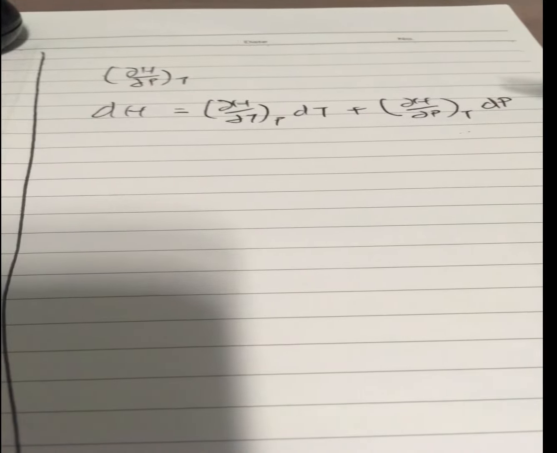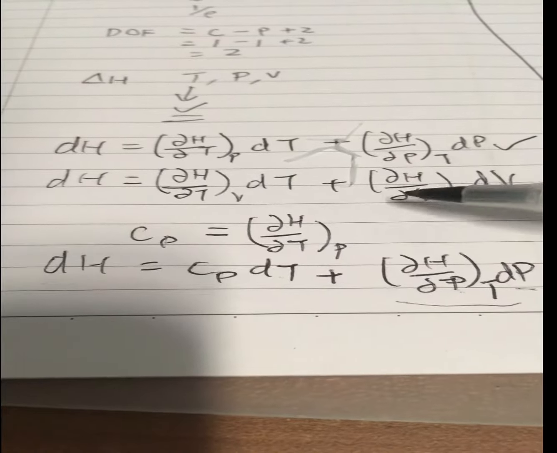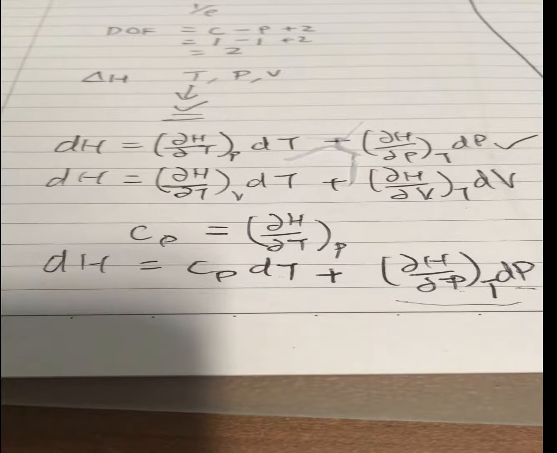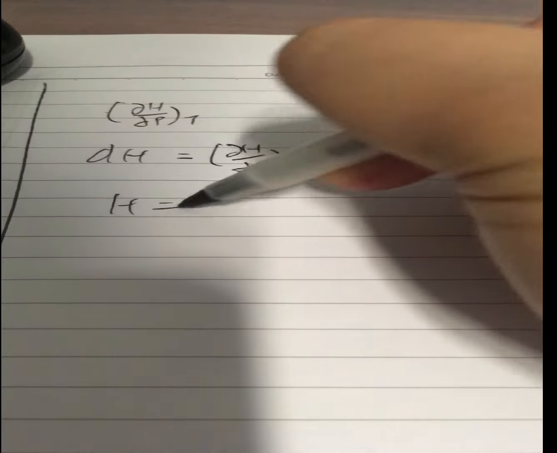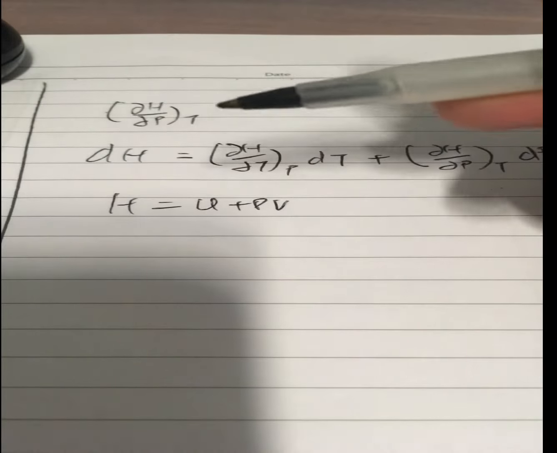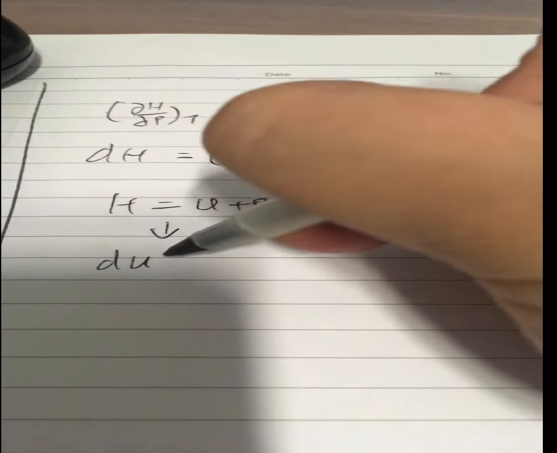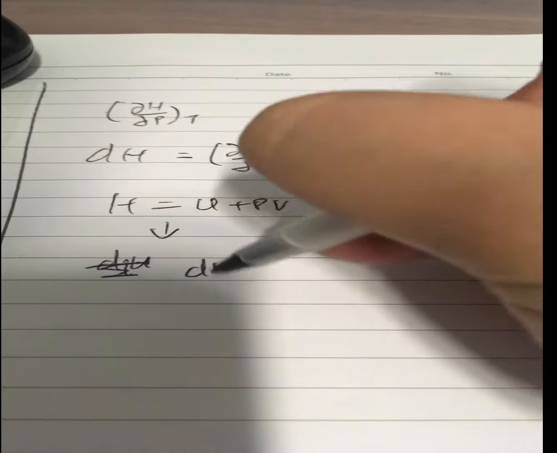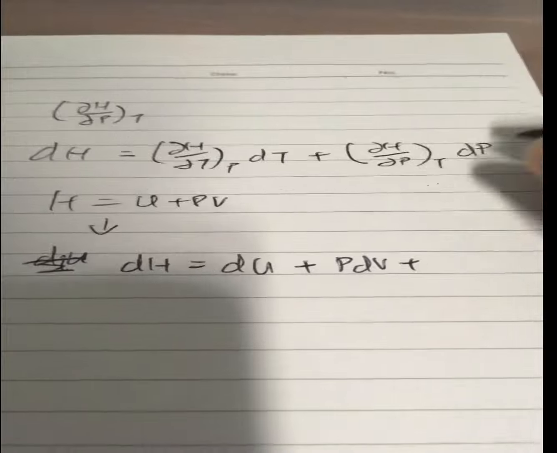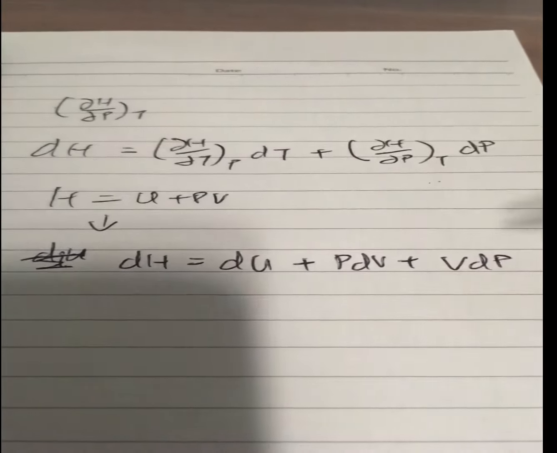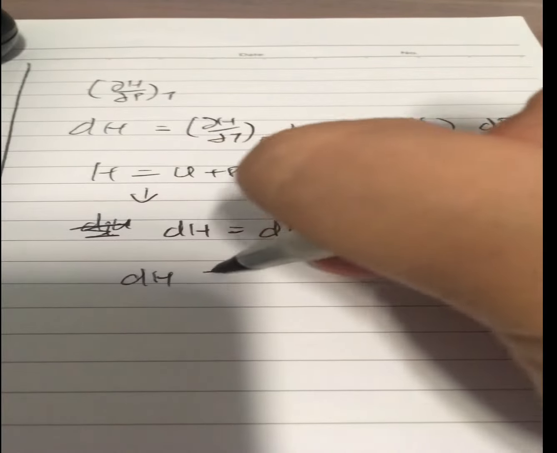Something like this comes from the calculus concept, or I just call it math. And obviously you don't want to be using this because this kind of complicates things. And it's also coming from math. We have this, which is the definition of enthalpy. And you can rewrite this in the differential form, as so, or you can do it this way.